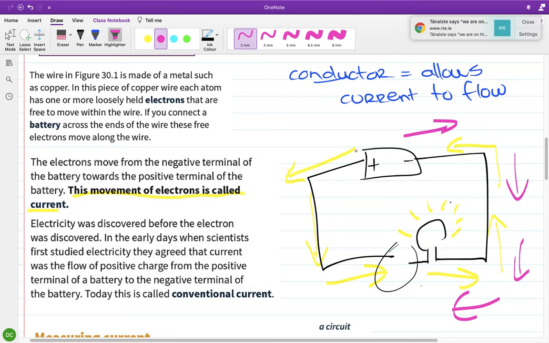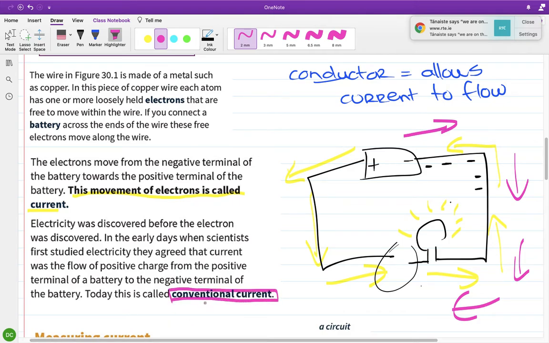So they said it was flowing in the yellow direction. Okay, it wasn't, because we know that it's the electrons that are flowing, and electrons are negative, so they would follow the pink arrows. Okay, but like I said, they didn't know that, so they guessed. So they went with the yellow arrows, and we still talk about conventional current.